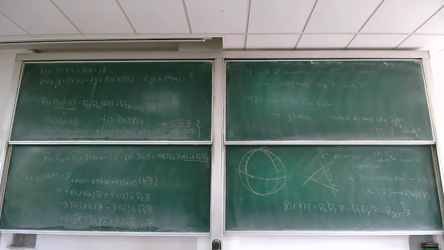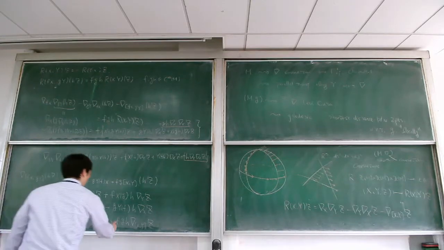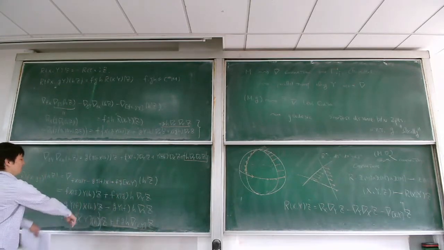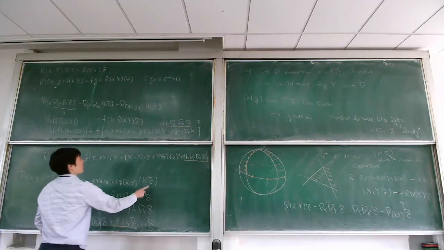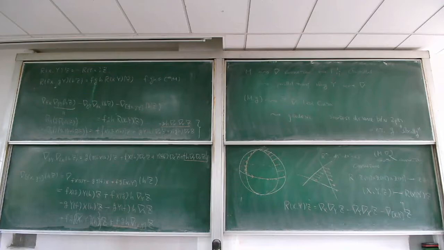You just compare term by term. Okay, now I understand, gradually understand how it cancels. What we need is this term, and the rest of them should cancel with these terms. Okay, you understand? It's a good exercise to check this one.